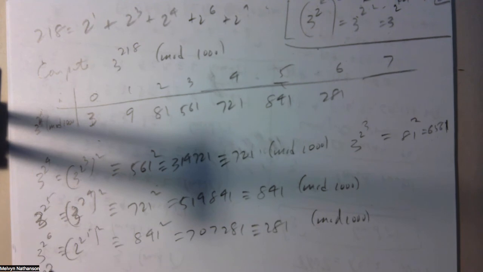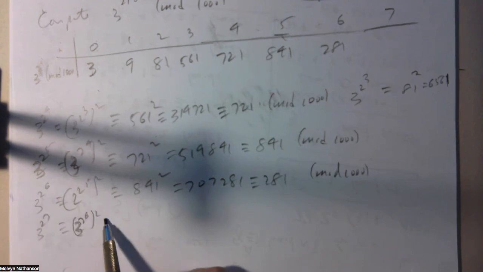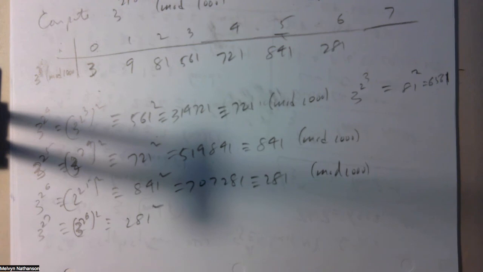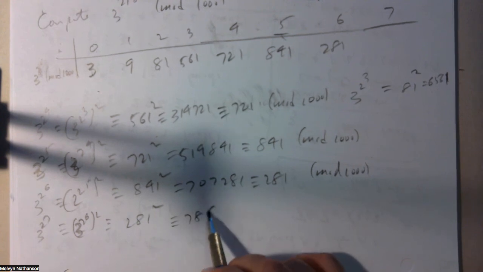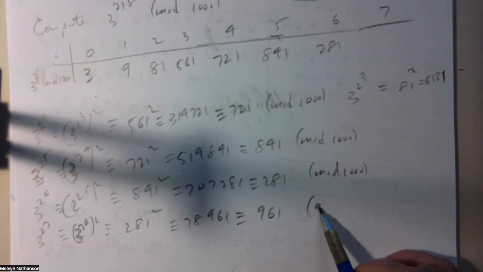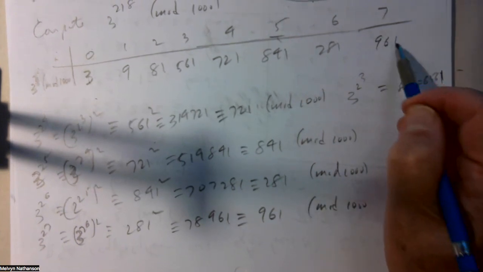And finally, 3 to the 2 to the 7th is 3 to the 2 to the 6th squared. That's 281 squared. That's 78,961, which is congruent to 961 mod 1,000.